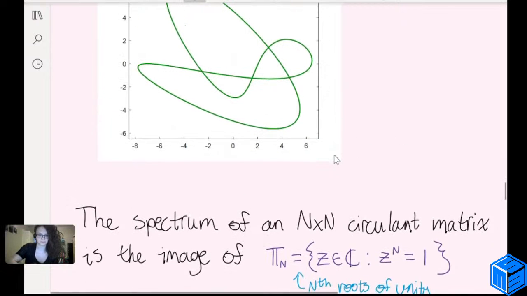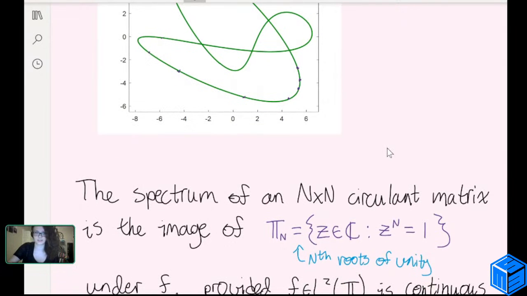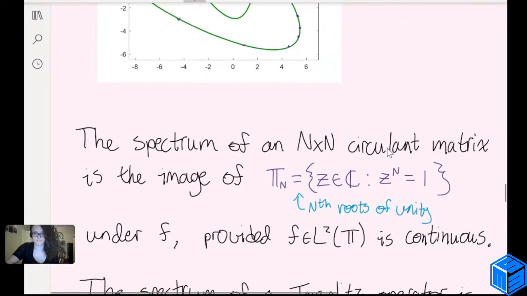If we were to plot the spectrum of a circulant matrix, and I didn't have time to do this, otherwise I would have, it would just be a bunch of dots that follow this curve. I'm not going to draw a whole bunch of dots, but that's what it would look like, just dots instead of a whole curve.